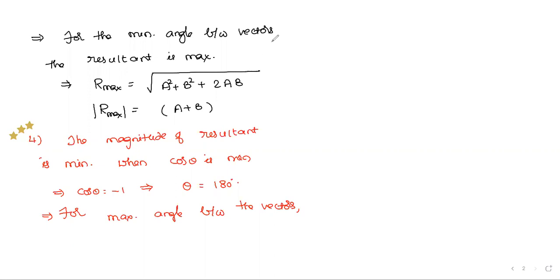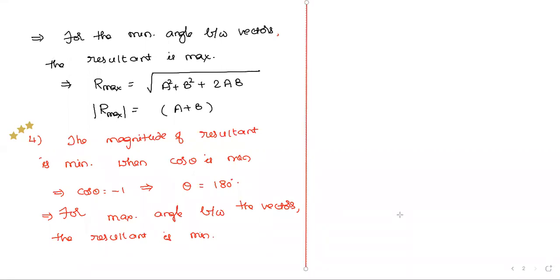The resultant is minimum, a minus b. Srinidhi, correct. Sujan, correct now. Okay, right. Good.